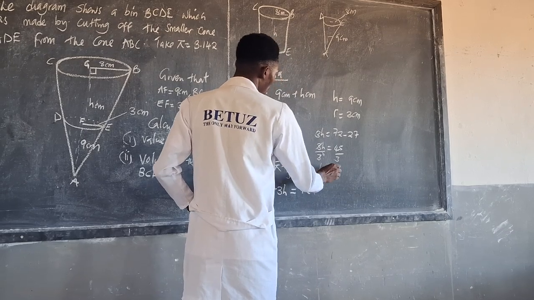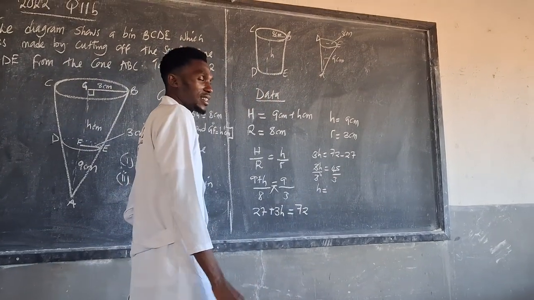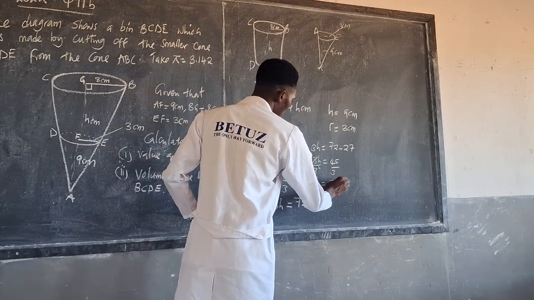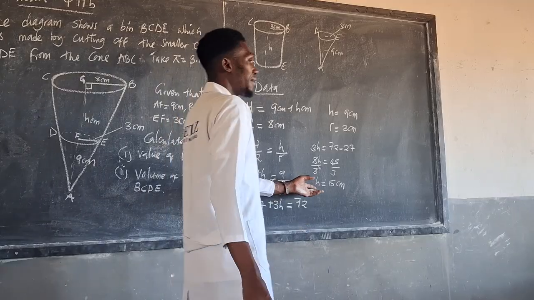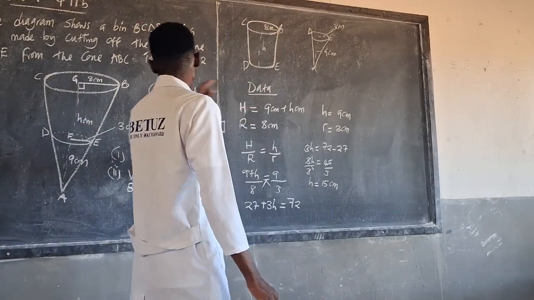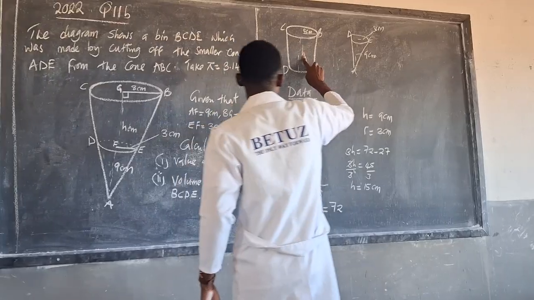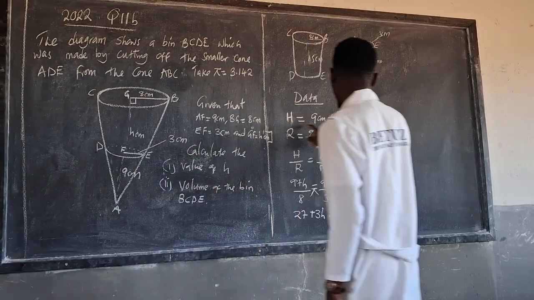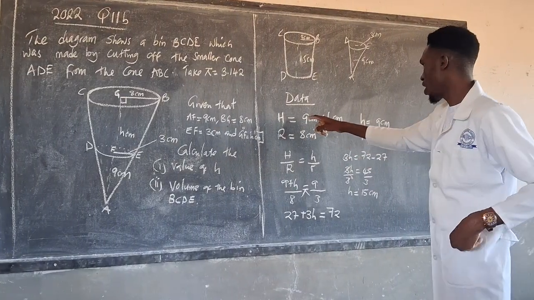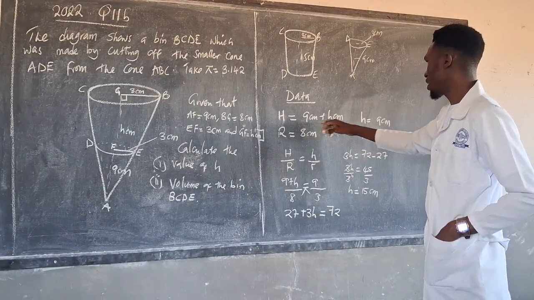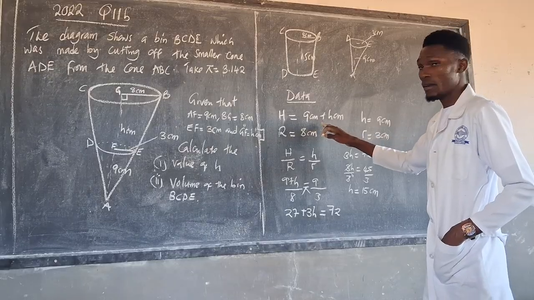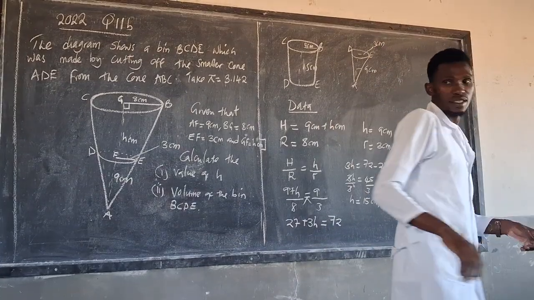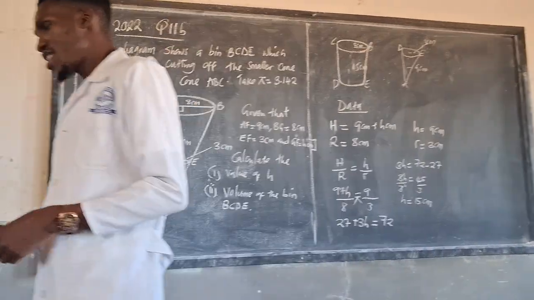So that our h should be equal to 45 divided by 3, which is 15 centimeters. So this is the value for h. So the height here is 15 centimeters. So when finding the height for the bigger cone, add 9 plus 15. What is 9 plus 15? 24. So the height for the bigger cone is 24 centimeters.